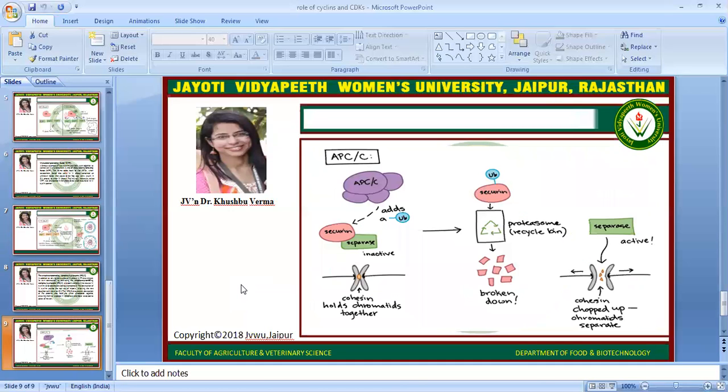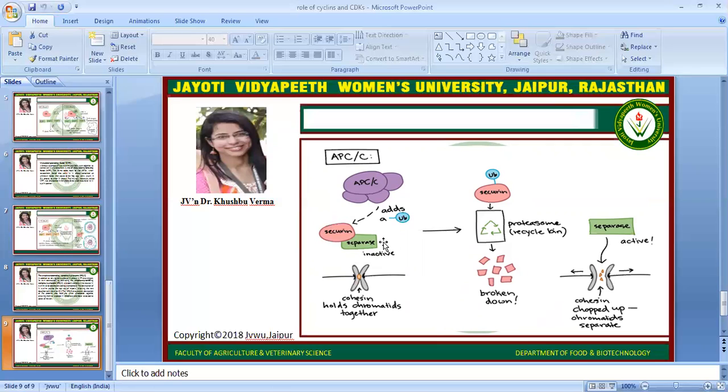Here we can see in the diagram, the APC complex will add ubiquitin to securin. In general terms, when the cell has not crossed the metaphase stage, securin will be attached to separase, and this combination is inactive.